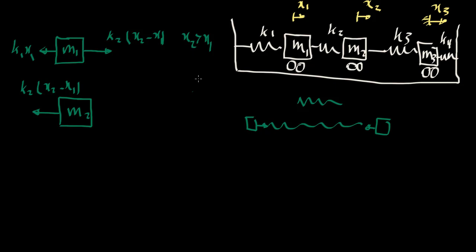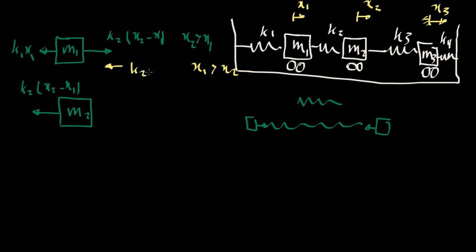We can do the same analysis assuming that x1 is larger than x2. I'm not going to do that, but if you do, you should get the same equation at the end. It doesn't matter which assumption you make, but you have to stay consistent. If you are considering x2 larger than x1, then you have to put these forces in this direction. If you are assuming that x1 is larger than x2, then this force would be in this direction, and this force would be in the right direction.